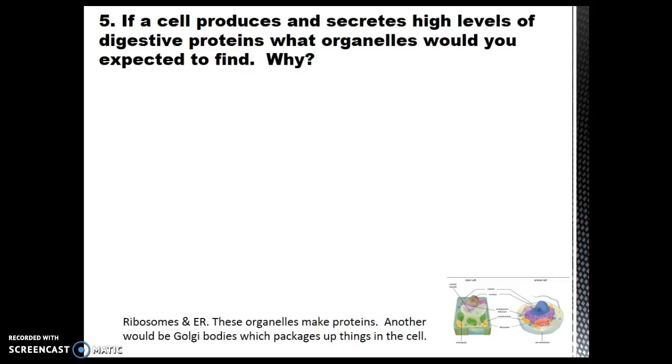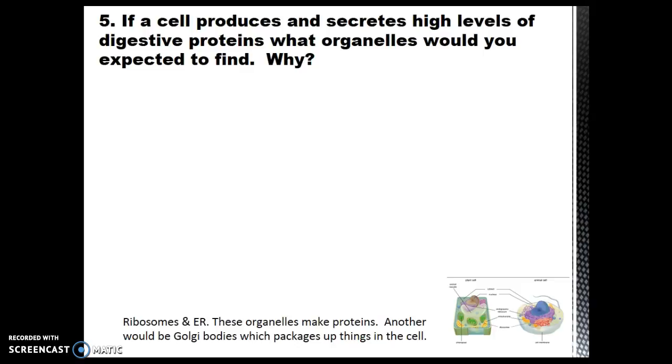If a cell produces and secretes high levels of digestive proteins, what organelles would you expect to find and why? The ribosomes and the endoplasmic reticulum, or the ER, are the two main ones that I would expect in this process because they are helping make proteins.